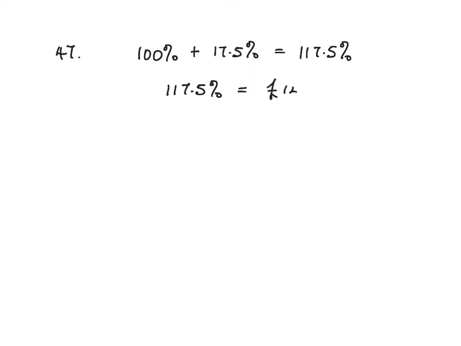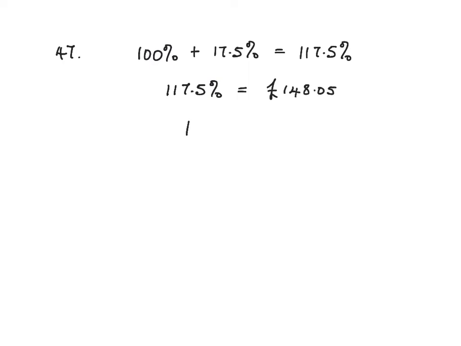Now we're told that the bill including VAT, so that's the bill plus VAT, gives us 117.5%. So what the question is telling us is that 117.5% equals 148.05.